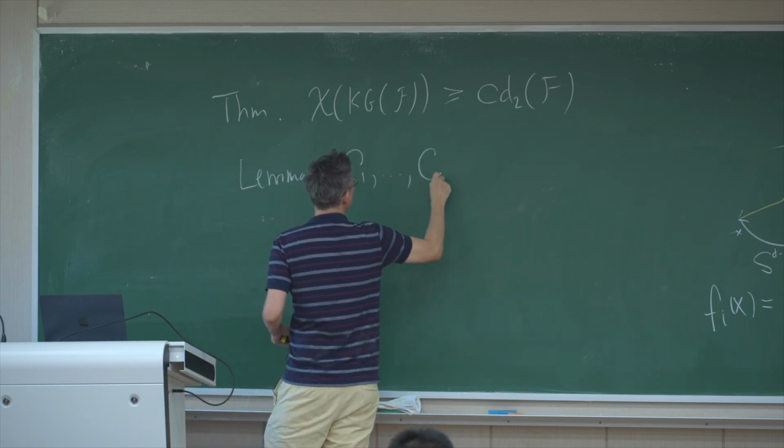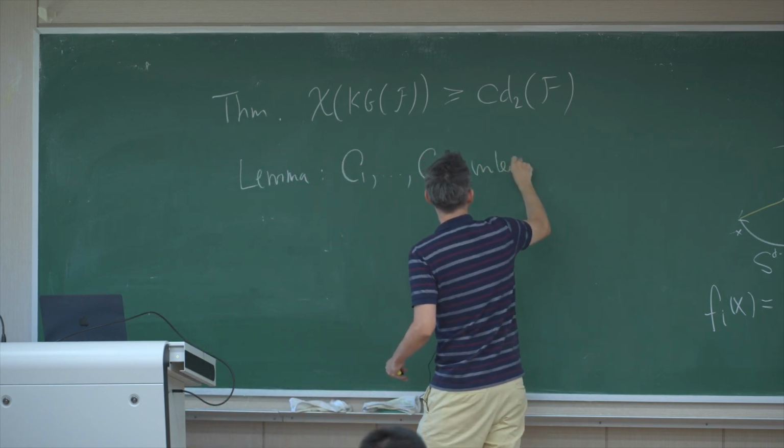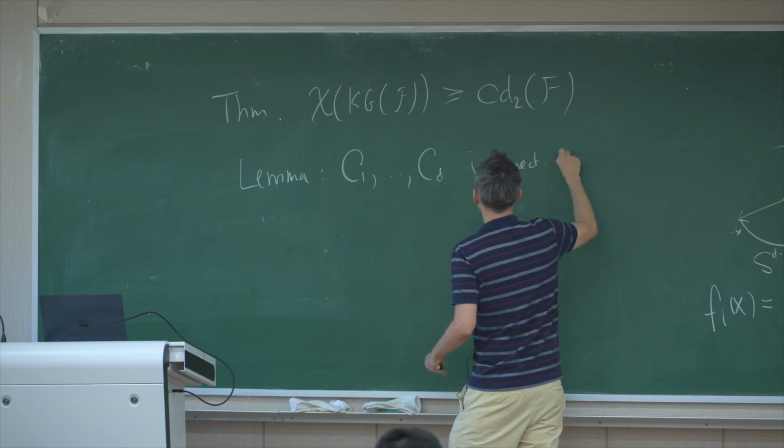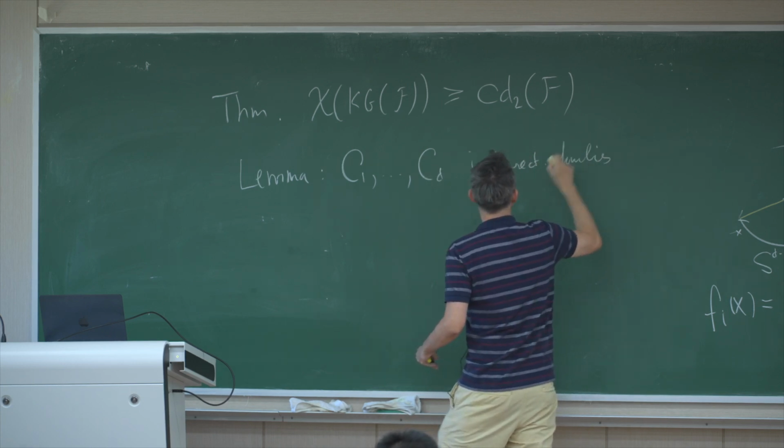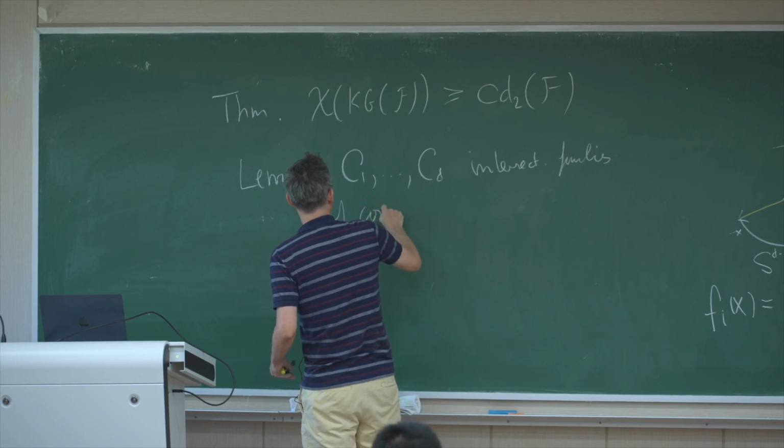C1 up to Cd are intersecting families of convex sets.